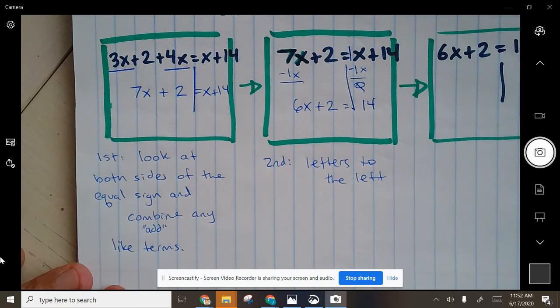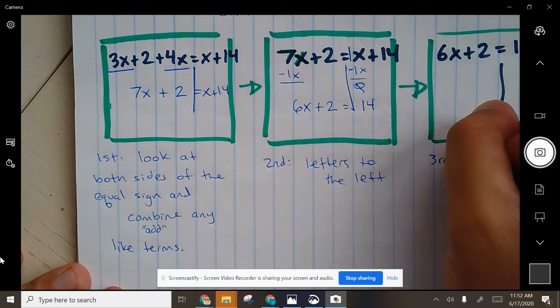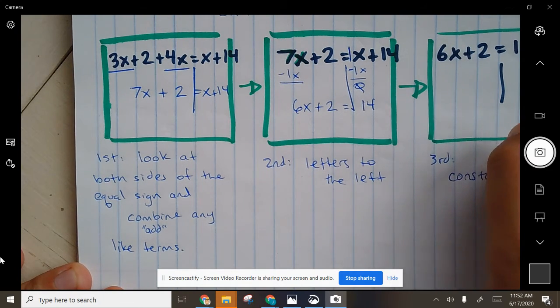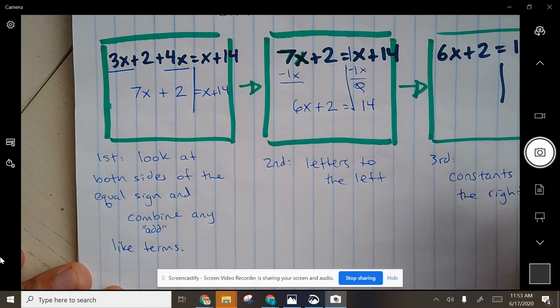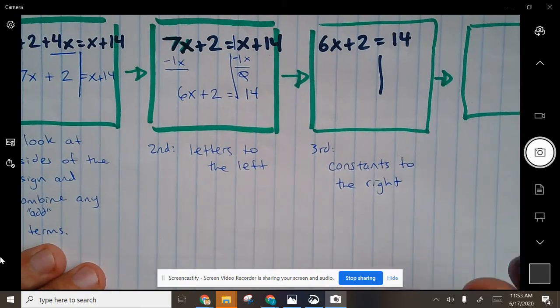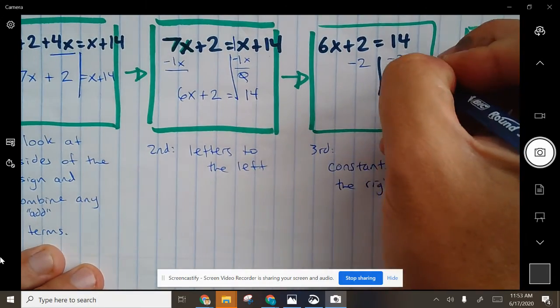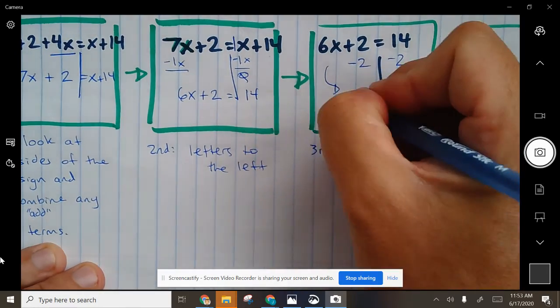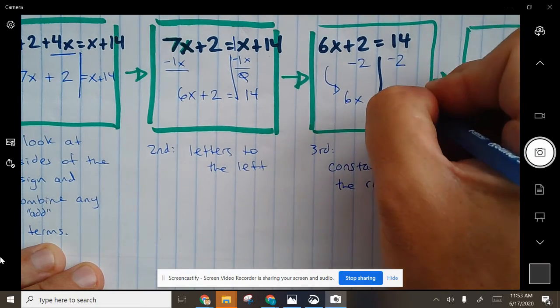All right, from here, constants to the right. Okay, move your constant over. Then I get 6x equals 12.